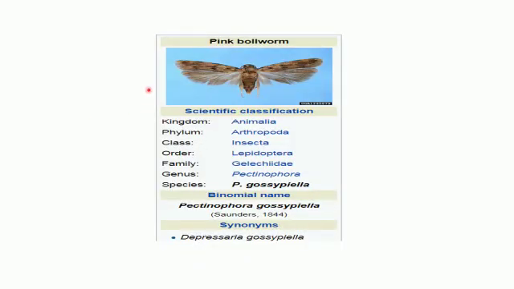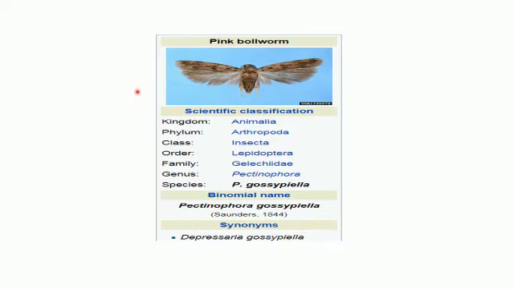This picture is of a pink bollworm, the insect that is known for destroying the cotton balls. It is a pest in cotton farming, and the female moth lays eggs in the cotton ball, and when the larvae emerge from the eggs, they start damaging it while eating the cotton ball.